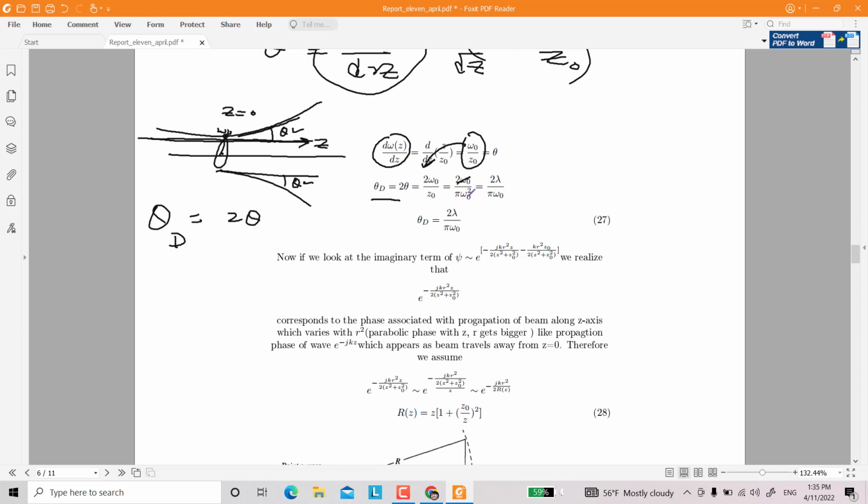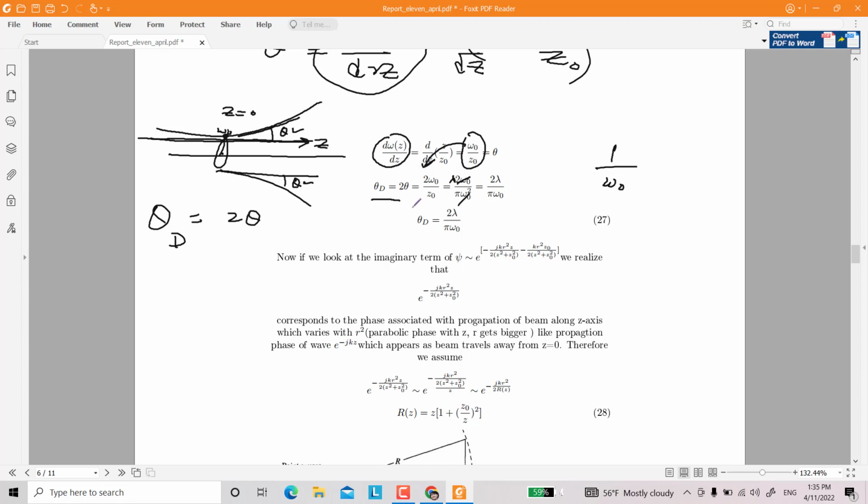If you cancel one omega from here, and write 1 over omega naught here, there is lambda over there as well. So if you put the value of z naught, then lambda appears here.